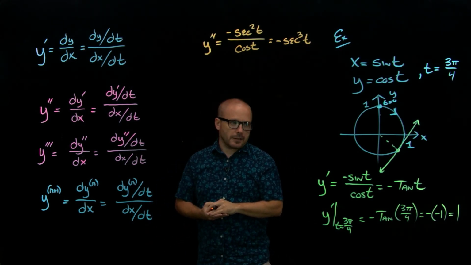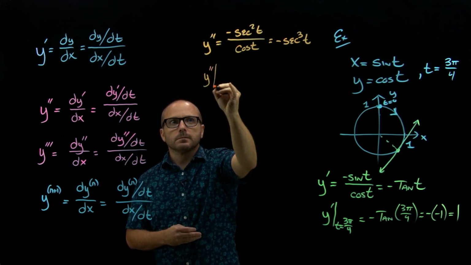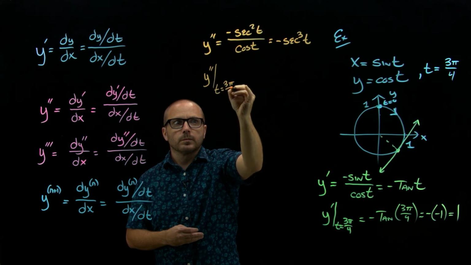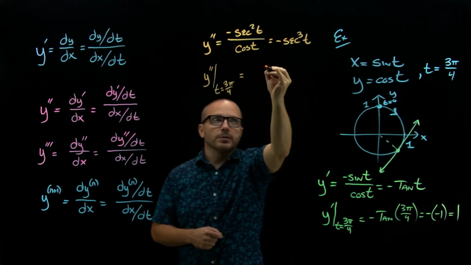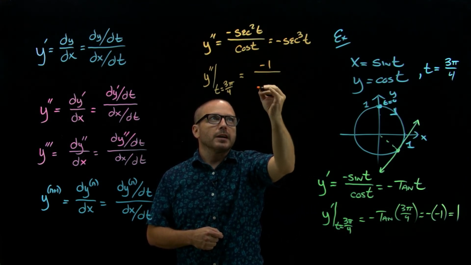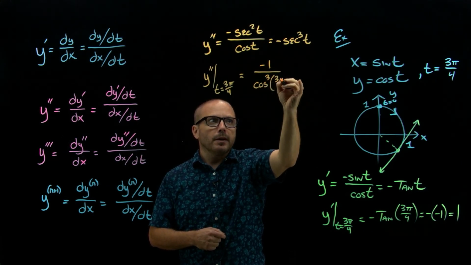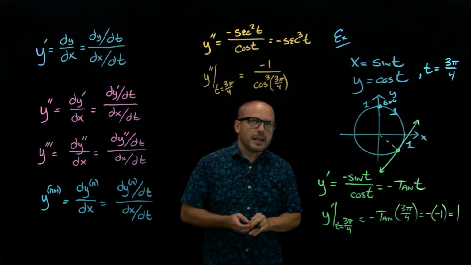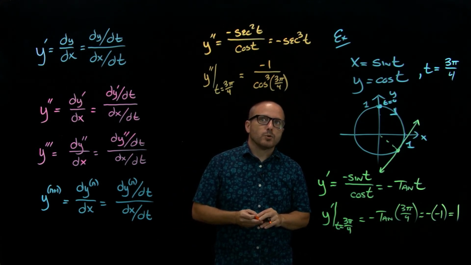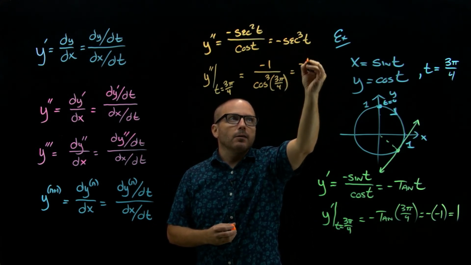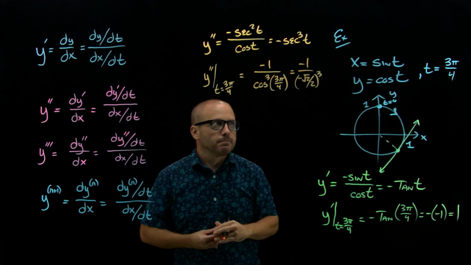And what is that at t equals 3 pi over 4? Well, it might be easier to think of it as 1 over cosine, right? Because we're more comfortable with sine and cosine. So what we have is negative 1 over cosine cubed at 3 pi over 4. Cosine's negative at 3 pi over 4, so that's negative root 2 over 2. So we have negative 1 over negative root 2 over 2, cubed.